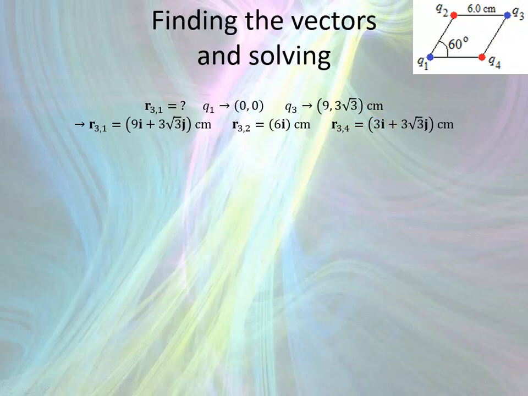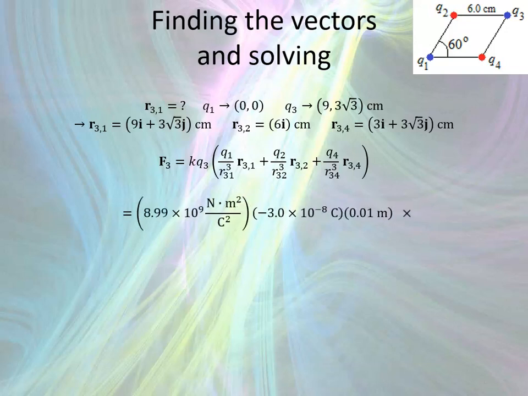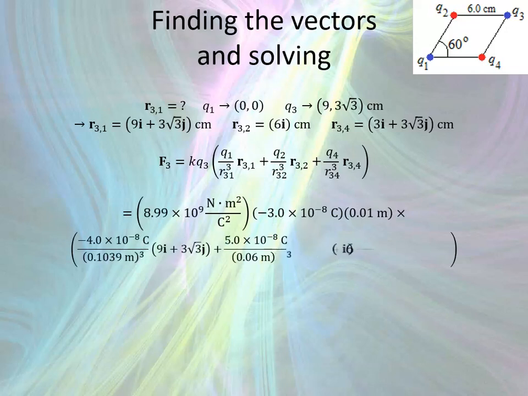Okay, so now we have our vectors, we know the magnitudes, and I know you all must be running for the hills now because I'm using smaller font. So we have a lot to plug in here. And basically, here's the stuff. Now, I factored out centimeters here because I saw that each of my vectors is some number of centimeters. So I factored out that 0.01 meters and just brought it out front.